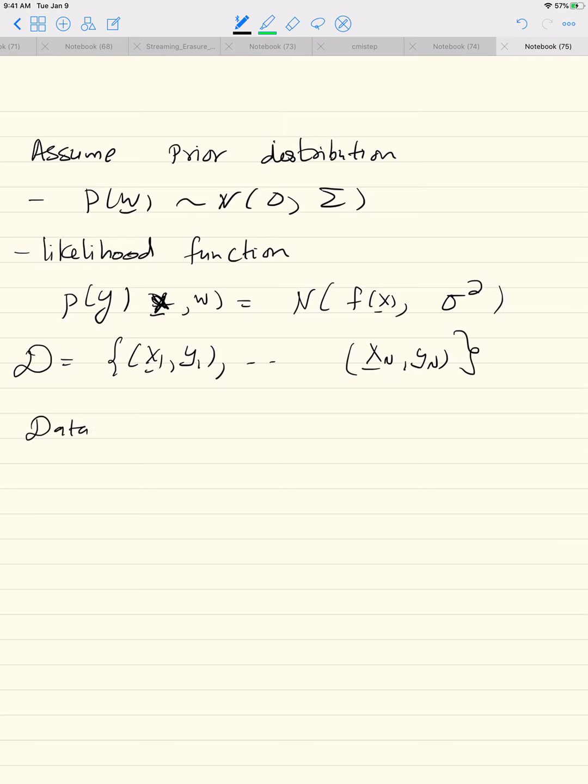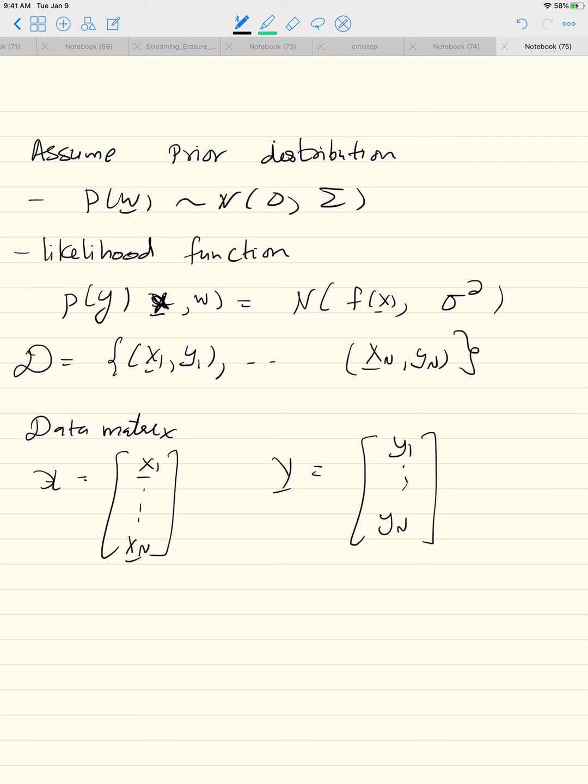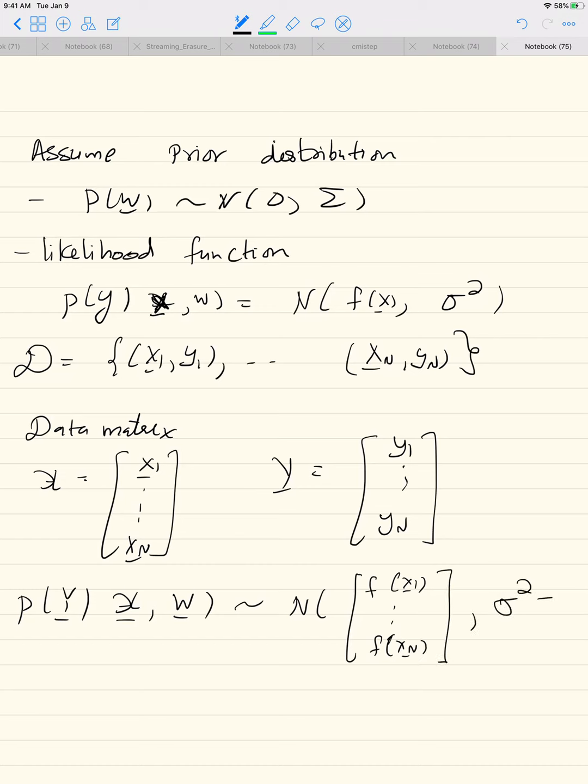Similarly, if we have data which is of the form x1, y1 up to xn, yn, and if we denote the data matrix X to be the collection of the vectors x1 to xn, the label matrix as y1 to yn, then P of the vector y given the data matrix X and the weight W will be Gaussian, whose mean will be f of x1 up to f of xn, and variance is sigma square I. Remember, f of x is W transpose phi of x, so we can write this as phi of x1 to phi of xn.